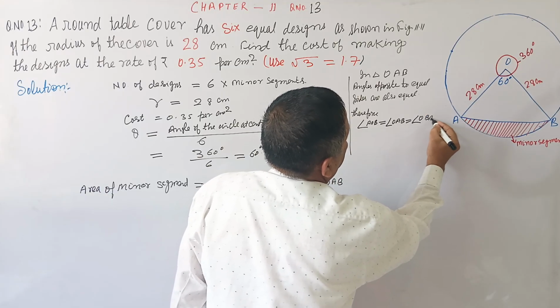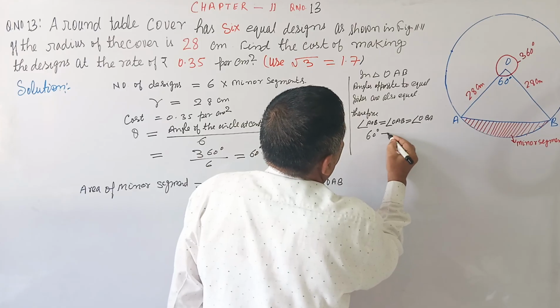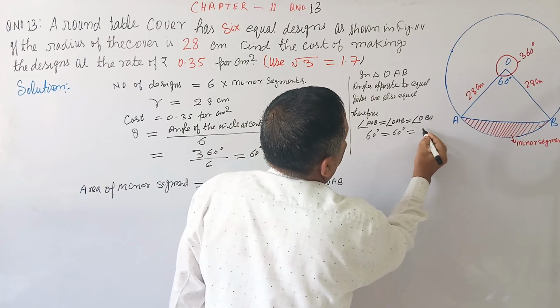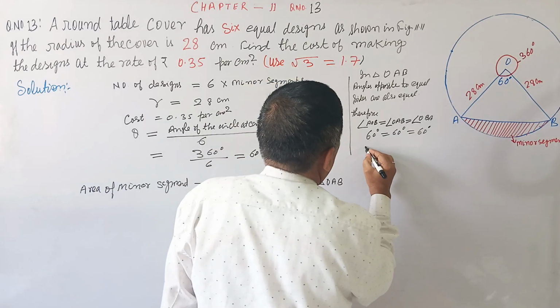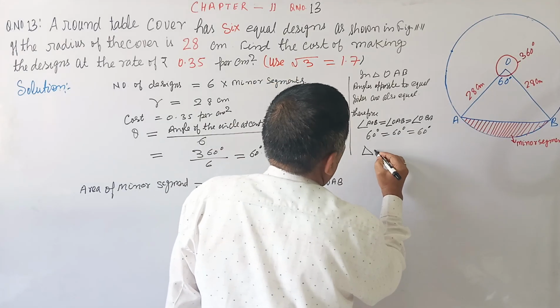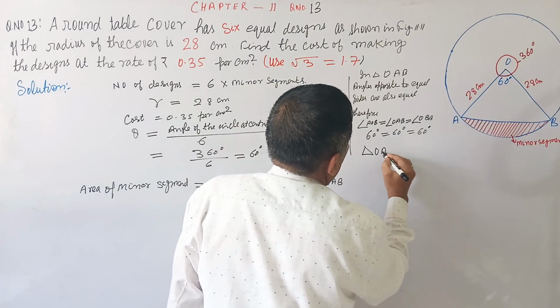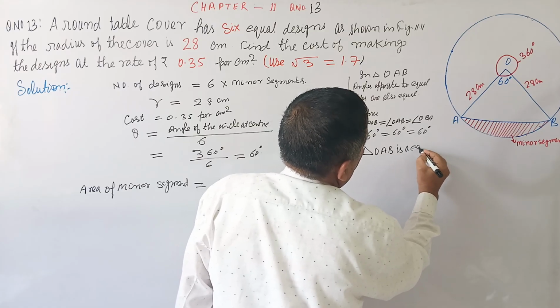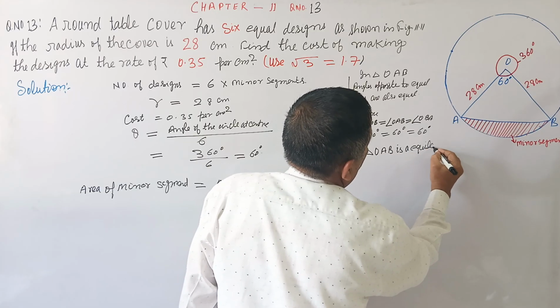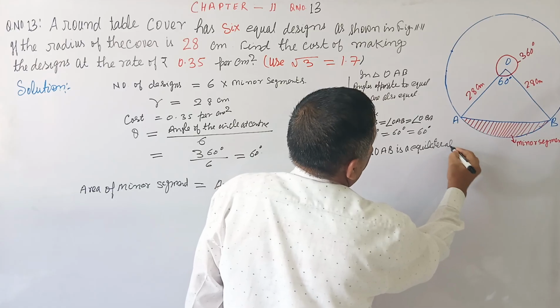That means 60 degrees equals 60 degrees equals 60 degrees. So therefore, triangle OAB is an equilateral triangle.